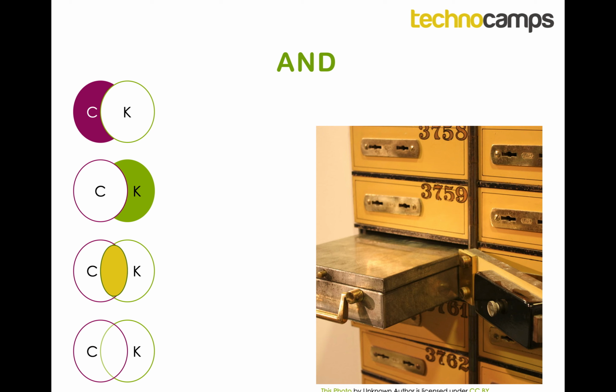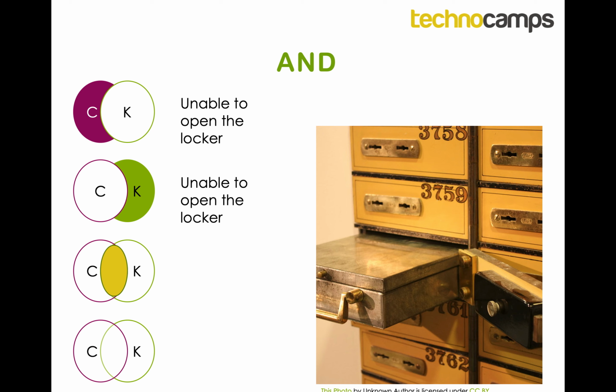Now, what does the first one mean? With just my card, can I open a locker? No, because you need the key to actually open this particular specific box. I can go into the room using the card, but what about the box? I need the key. What if I just have the key? Well, you can't even go into the room in the first place, so how are you going to access your locker?